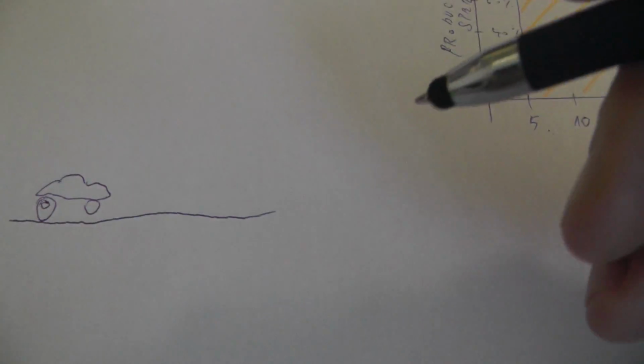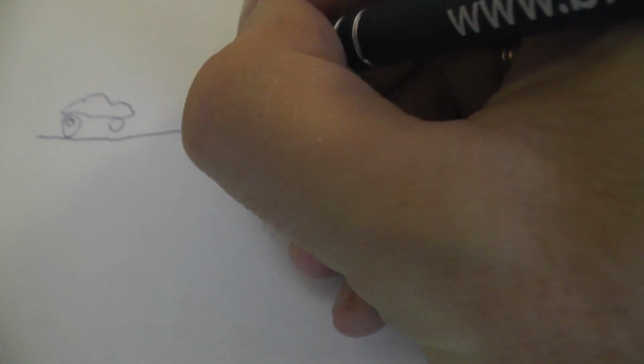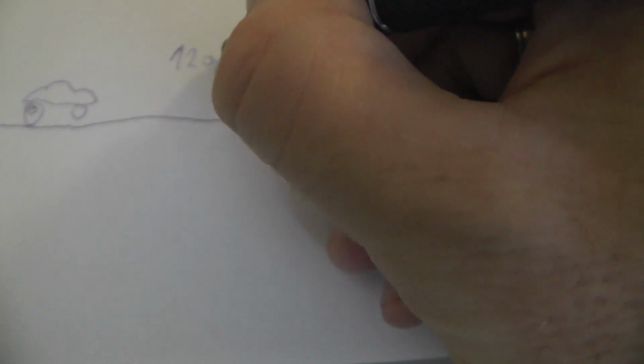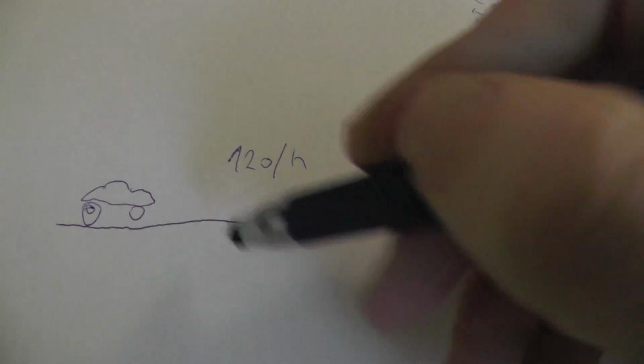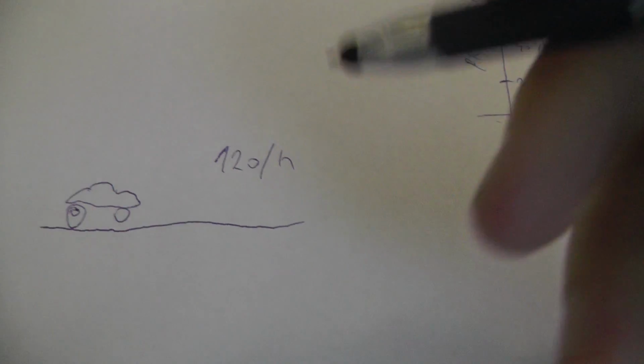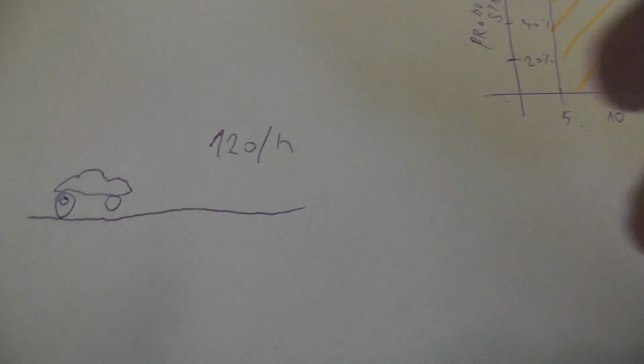The standard speed of the car on the highway is 120 kilometers per hour. But this car can't reach this speed immediately. It's a different type of car.